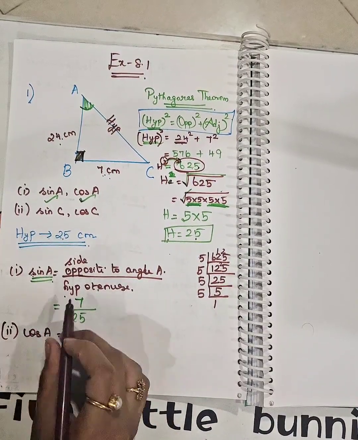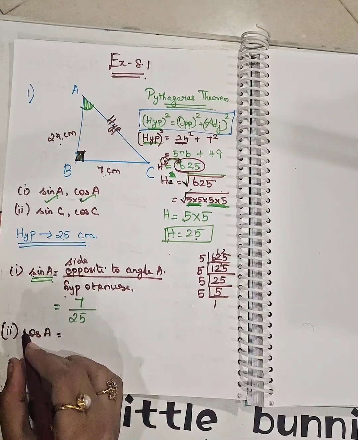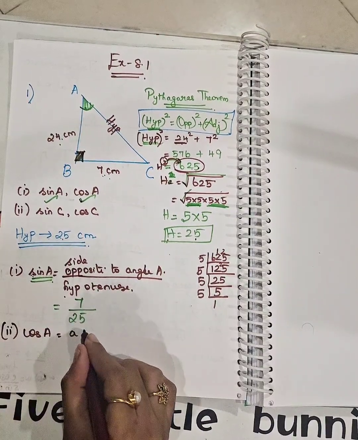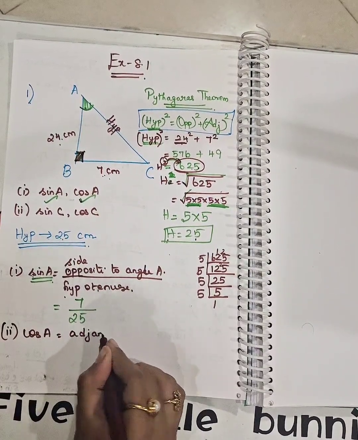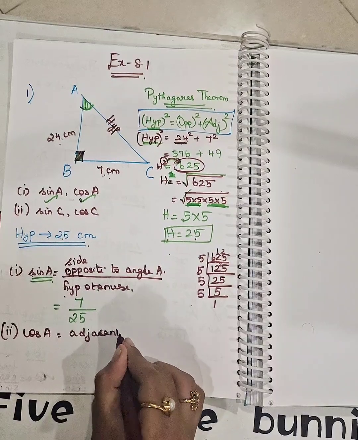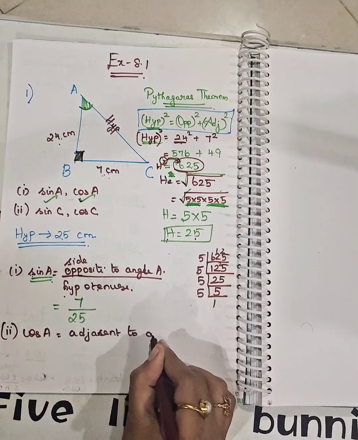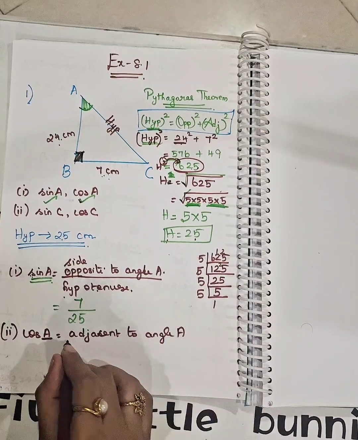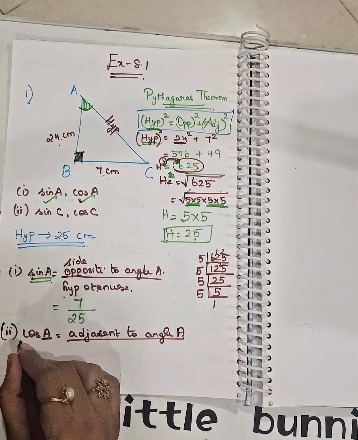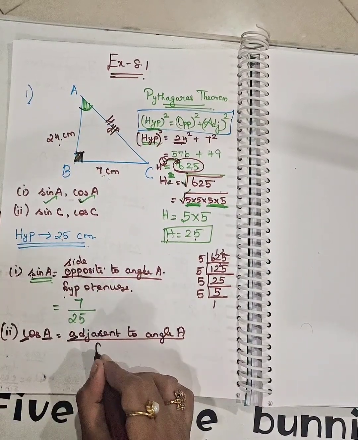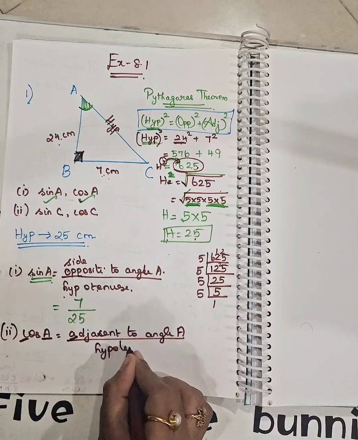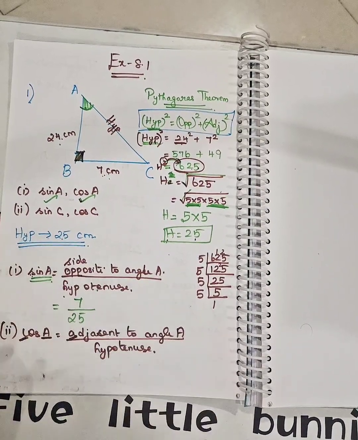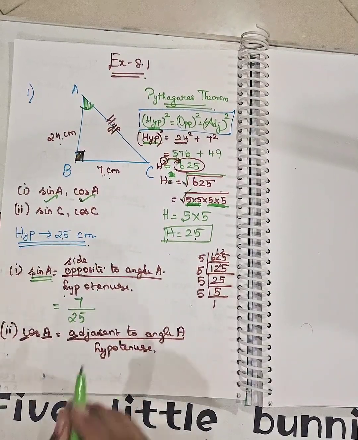SOH CAH TOA. The side adjacent to angle A, whichever angle is given, you mention it here, divided by the hypotenuse. Hope you can understand, students. Very, very simple.